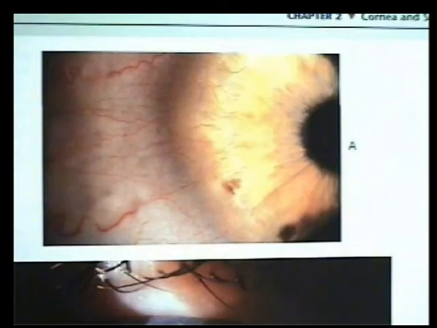Now, the other bad thing that happens when you don't get enough oxygen is you can stimulate vessel growth. You know, the cornea wants to survive. If you're not providing oxygen in a traditional fashion, those blood vessels are going to bring in what's needed. And if you look here, here's where the limbus is, and look at how far those vessels have penetrated into the cornea. Now, at this point, they should never wear a contact lens. And you will actually see patients in this situation.